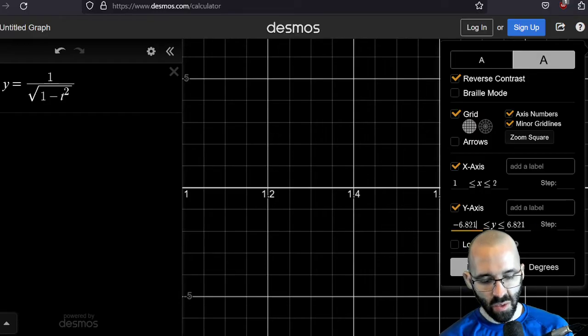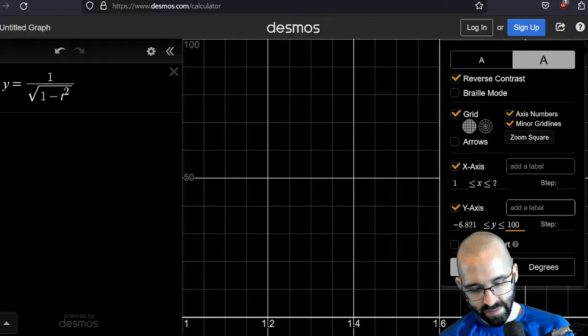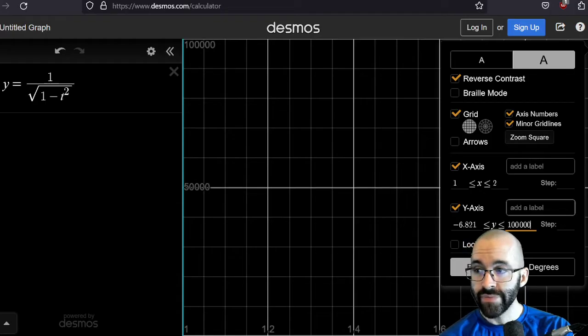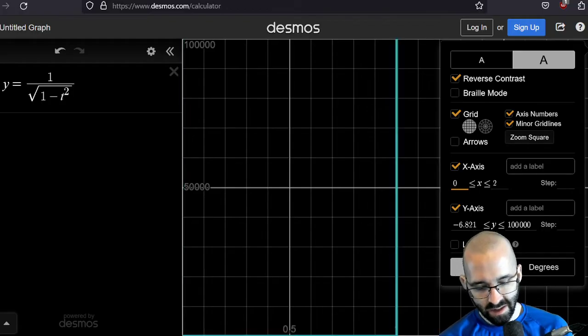We're going to have to fix the y-axis so that we can see the whole function. Wait a minute, what's going on? Let's go from 0 to 2, and let's maybe zoom back in a little bit.